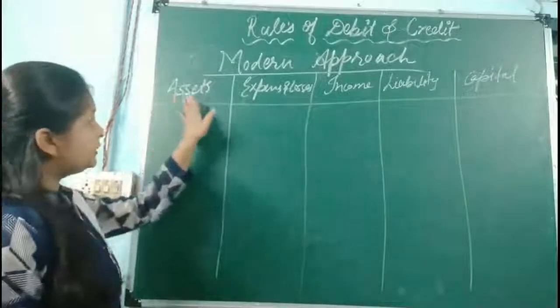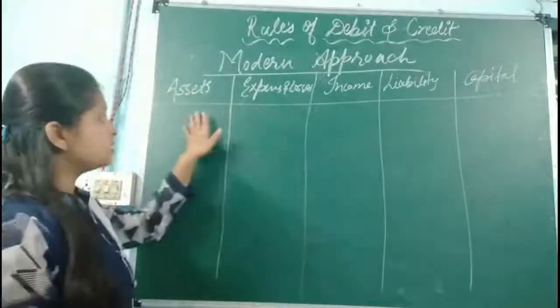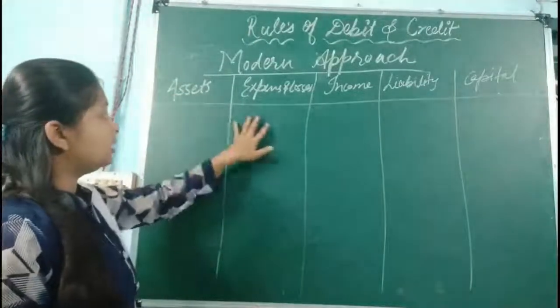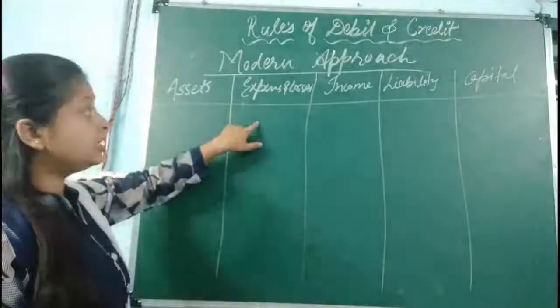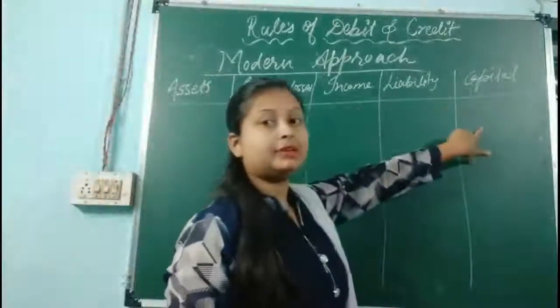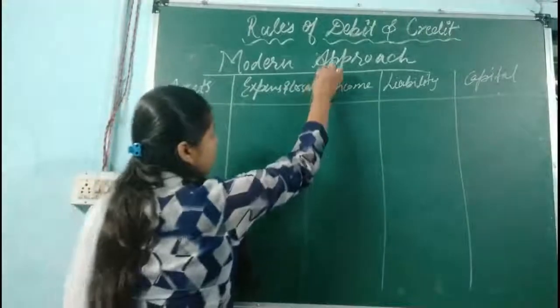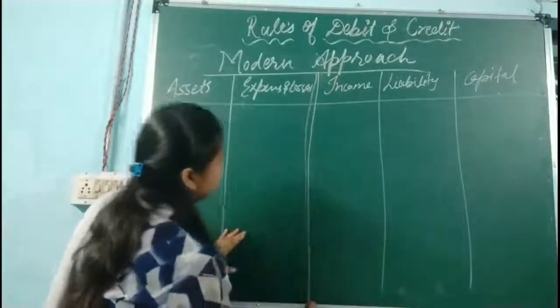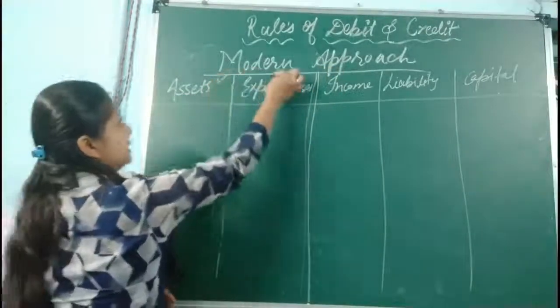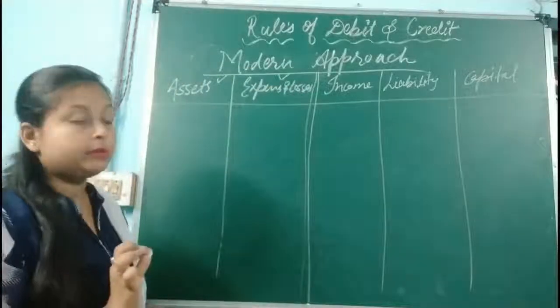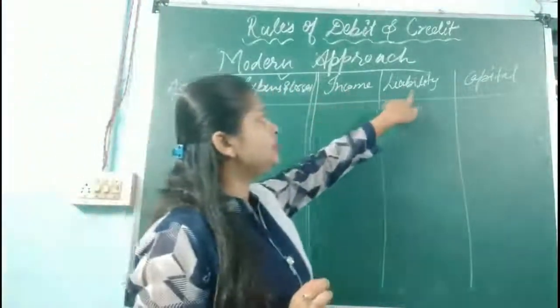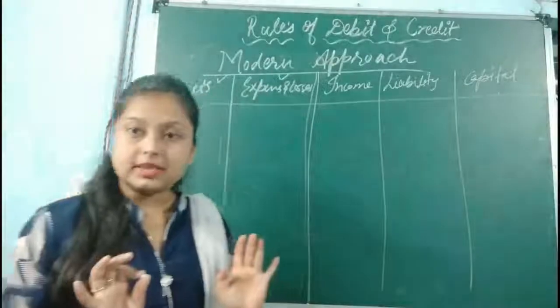I have kept assets and expenses one after the other, and income, liability and capital one after the other, because the rules for asset and expenses are the same and the rules for income, liability and capital are the same.